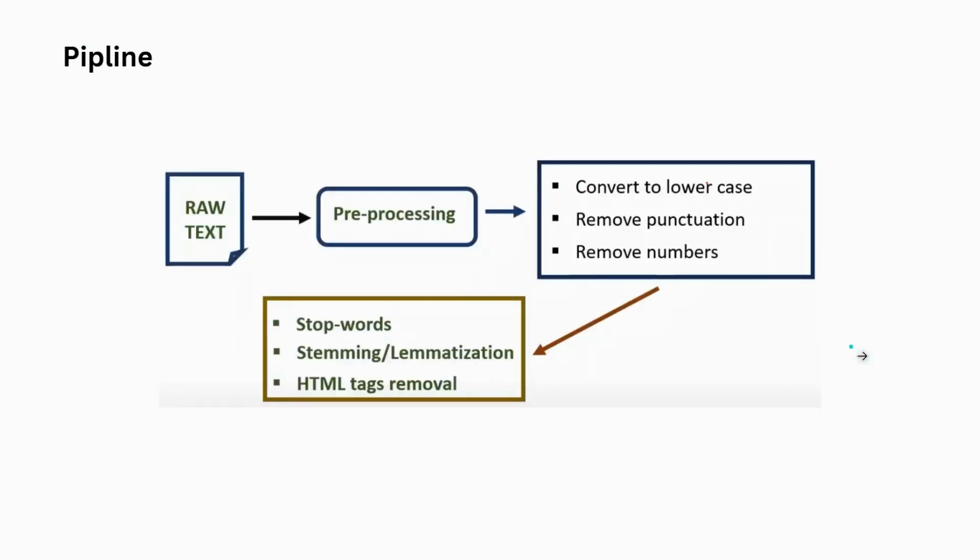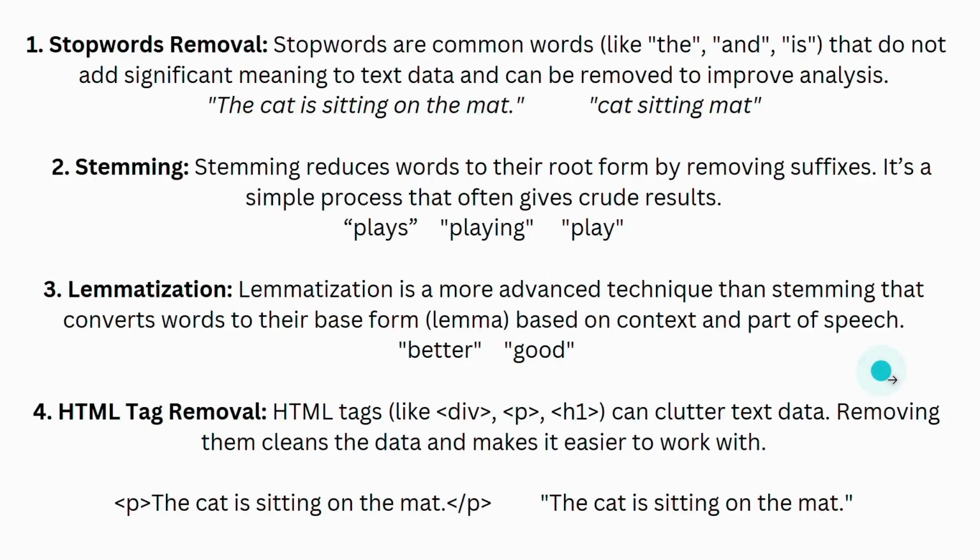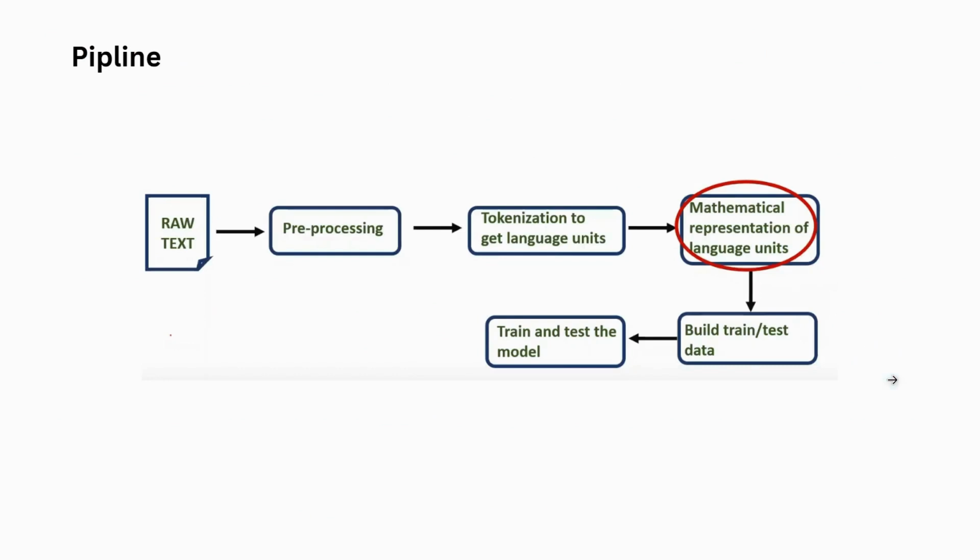Next, we discuss the pipeline of pre-processing: converting to lowercase, removing punctuations, removing numbers, stop words, stemming, lemmatization, HTML tag removal. In detail, we discuss each of these six pre-processing steps. Next, the pipeline of the entire representation of textual data from text to numerical data.